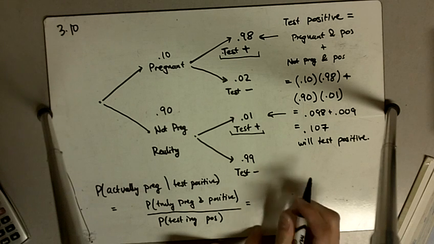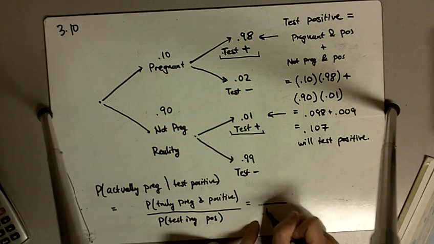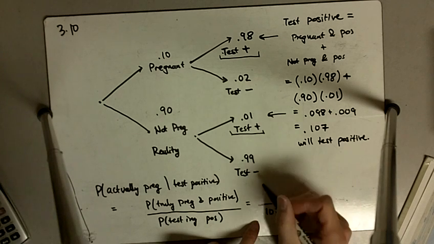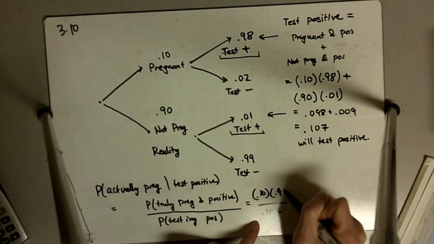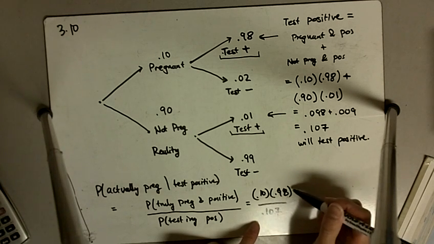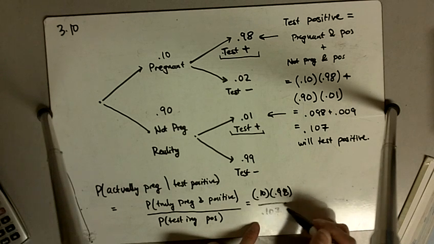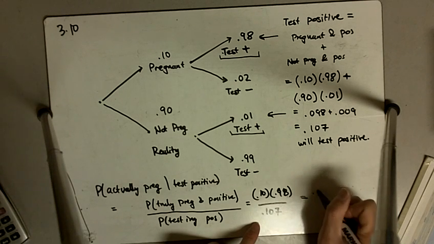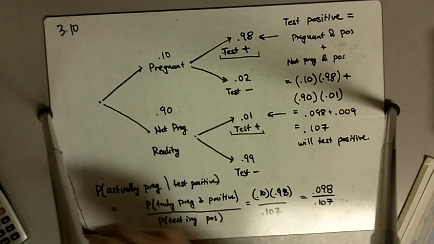So in this case, on the bottom we have 0.107, and on the top we have 0.10 times 0.98. This is the women who are truly pregnant and test positive divided by all the women who test positive. So 0.098 divided by 0.107.